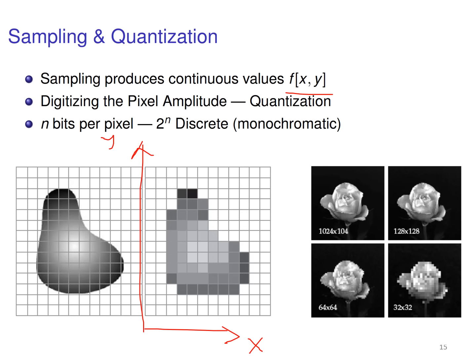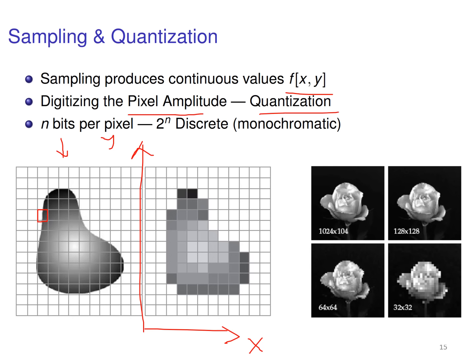Now, let's say this is your original image. When we say we would like to make it digital, we need to sample it. If you see this image, in this box, we can't have half of it white and half of it gray. What we are doing is assuming that the entire pixel has the same value. And that's what we mean by digitizing the pixel amplitude.